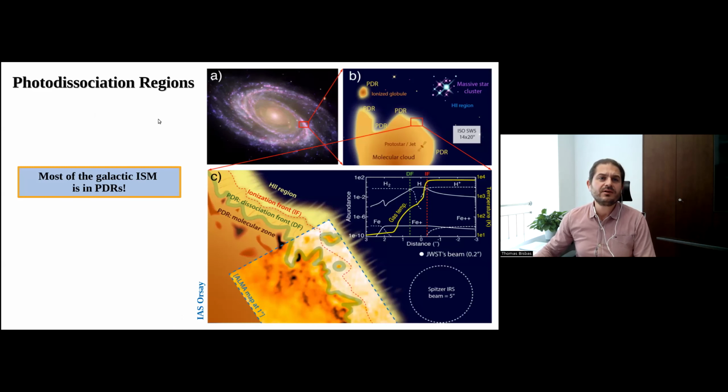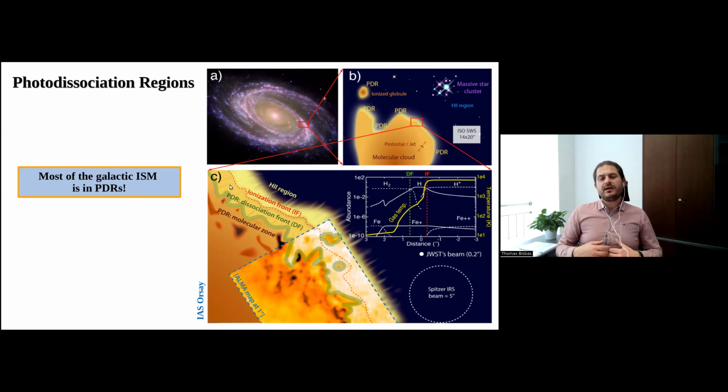Now, if we talk about the PDRs as a whole in galaxies, if we zoom in on a particular point in a galaxy, we'll find the GMC, and the edge of the GMC is interacting with FUV photons, and the edges of all of these GMCs are PDRs.